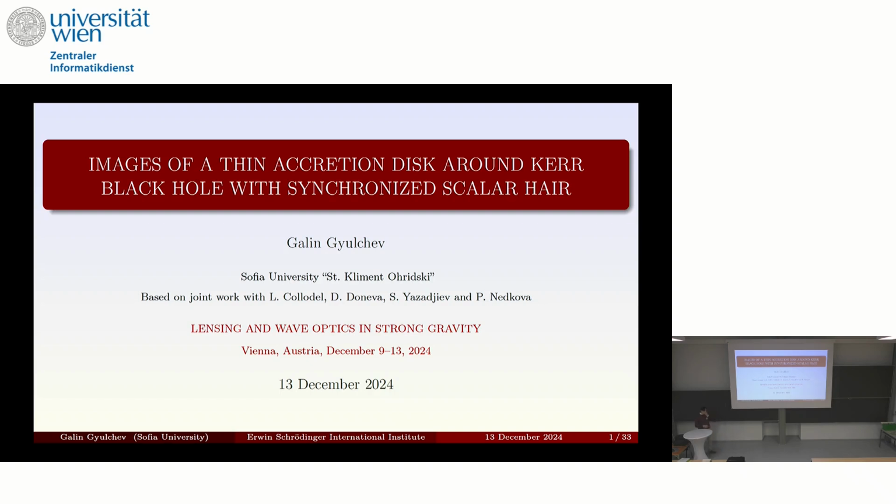So why is this so important? Because if we take, for example, the general theory of relativity, we know in general the shape of the shadow, the shape of the accretion disk, and what characteristics they possess.